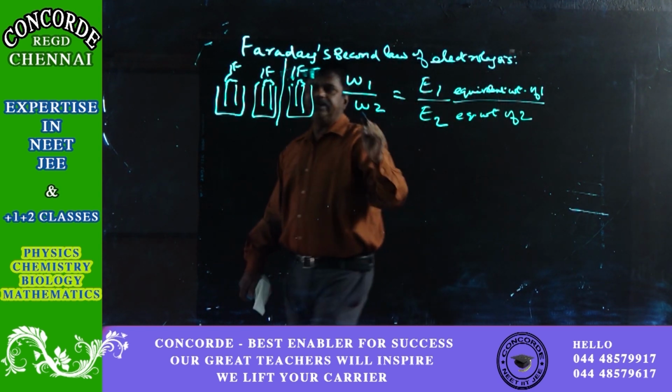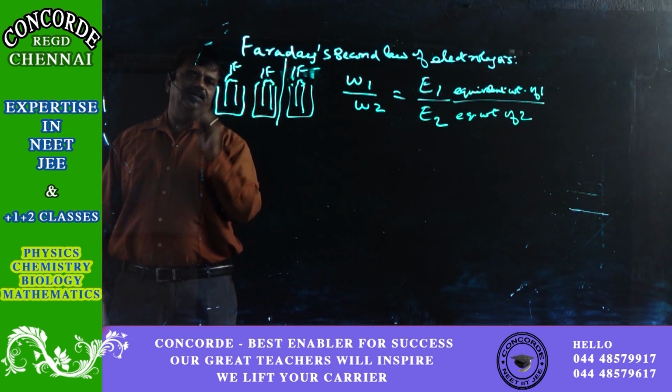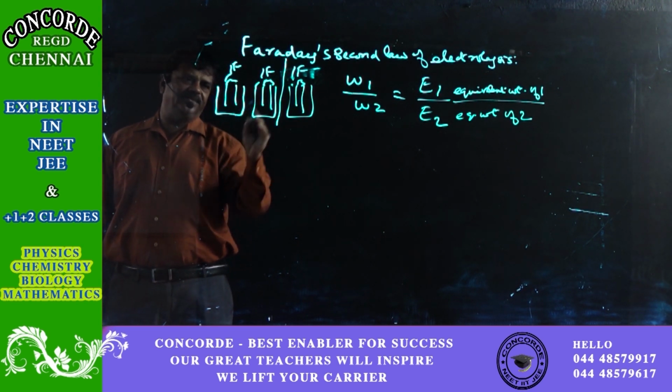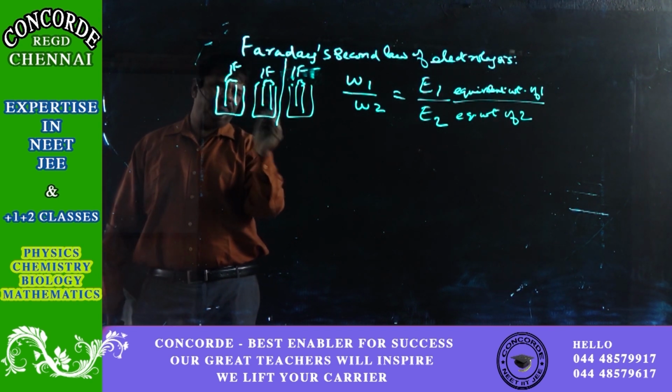So what do you mean by equivalent weight? Here in the first electrolytic cell, it is Na which is getting deposited. In the second, maybe it is barium or aluminium which is getting deposited.